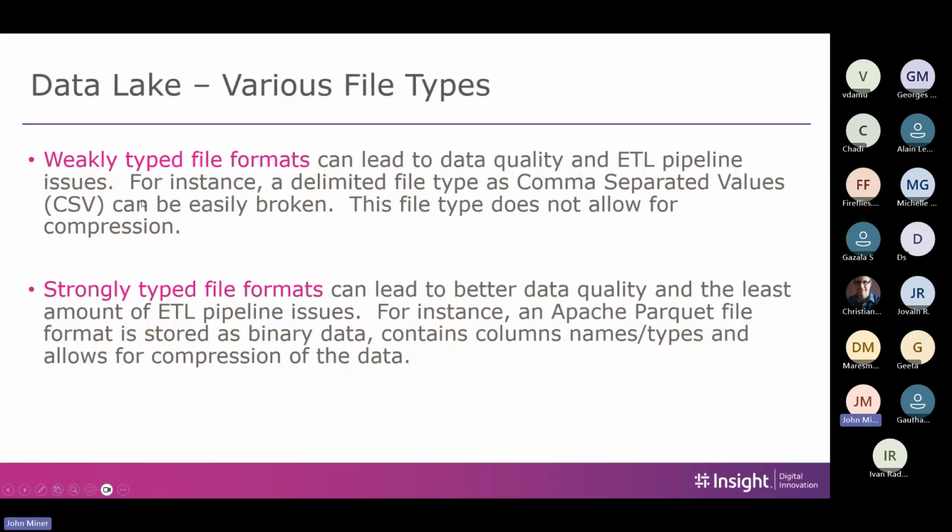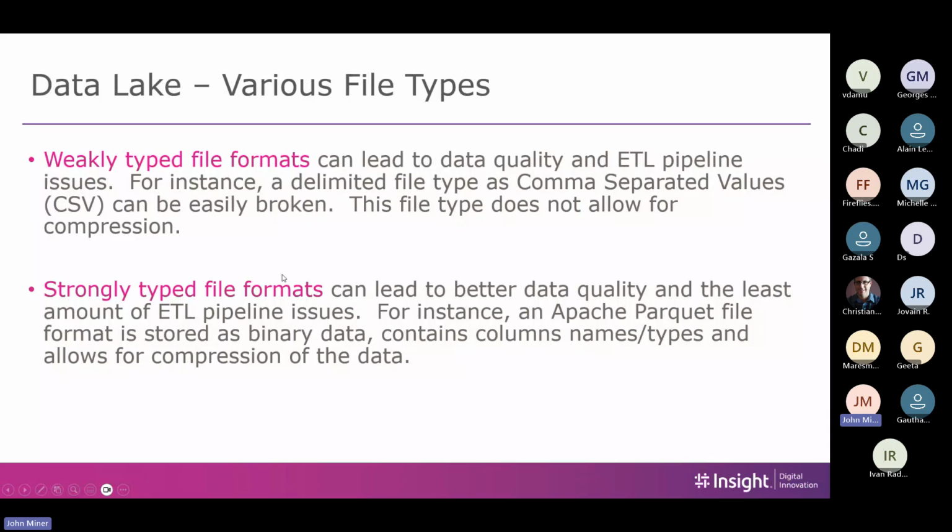CSV, not as much bloat, but there could be some. You're not going to get any real internal compression because it's not like a column store. So again, stay away from weak file formats unless you're stuck with them. Like if you have an API call that comes back as JSON, sure, store the JSON in your raw, but guess what? Convert it to a Delta file in your Bronze.